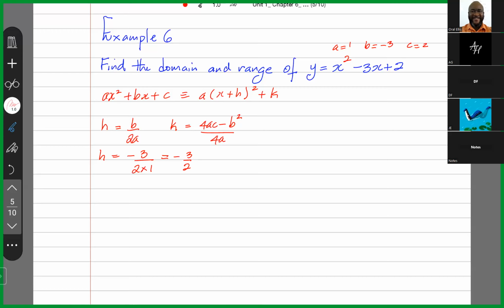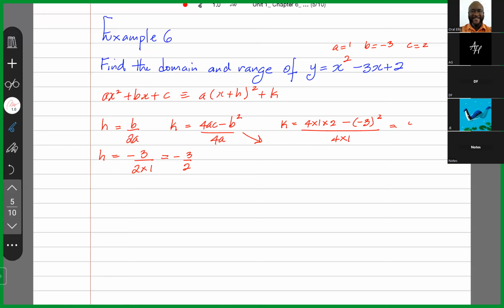All right. Now, I can find k using this formula. So I could say that k is equal to 4 times a, which is 1, times c, which is 2, minus b squared, which is minus 3 squared, all over 4 times a, which is 4 times 1.